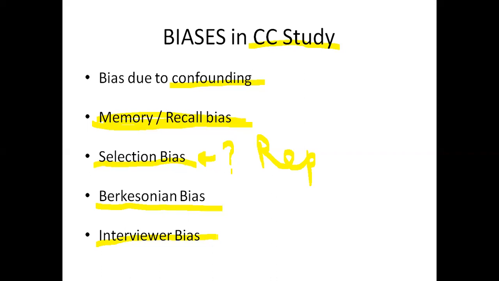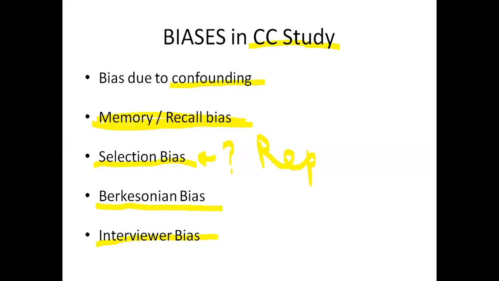So interviewer bias is when the quality of information collected is deliberately more from, or deliberately different for, the case group as compared to the control group. Generally, it would be collected with more details or in more depth from the case group.